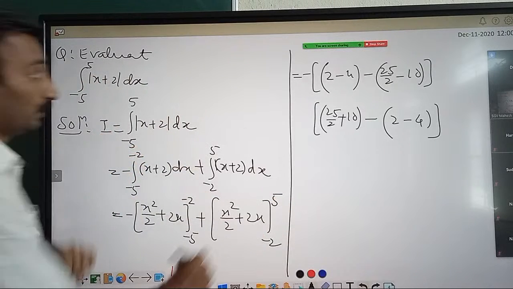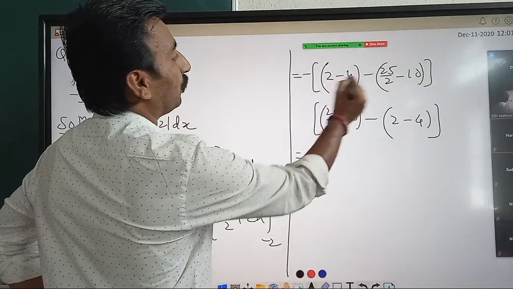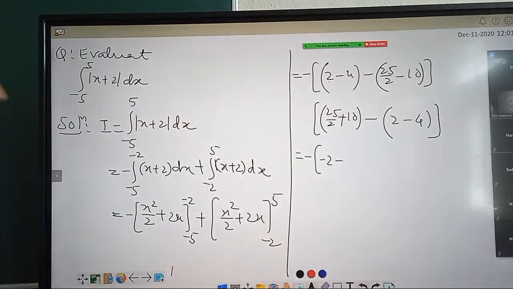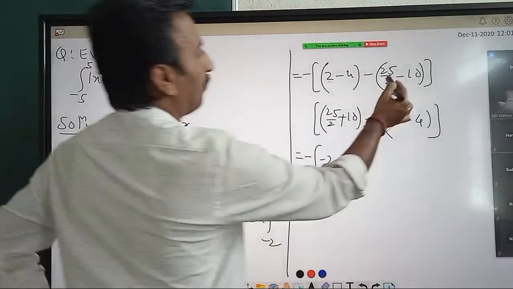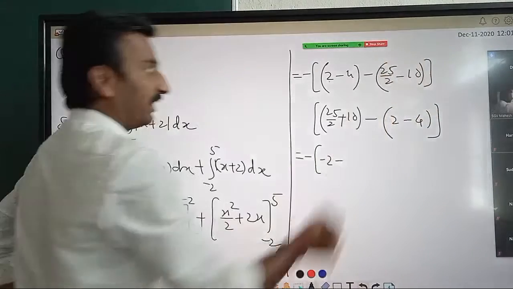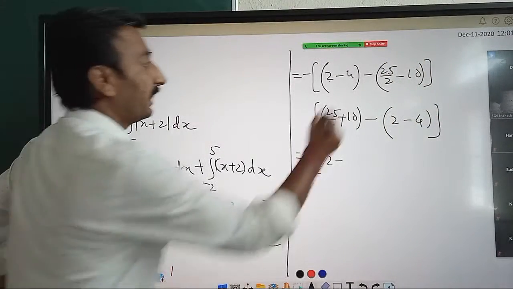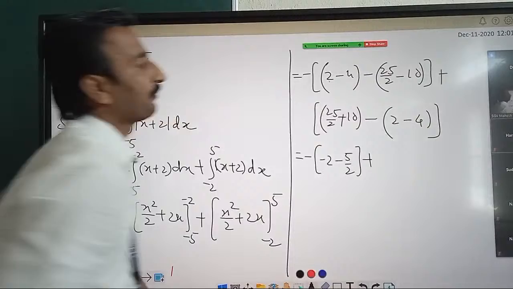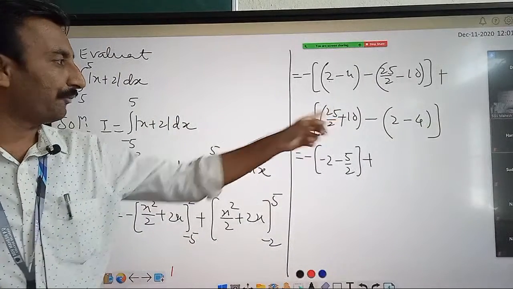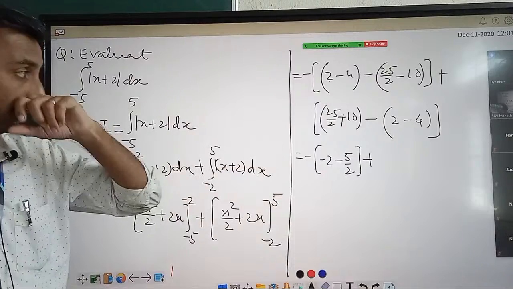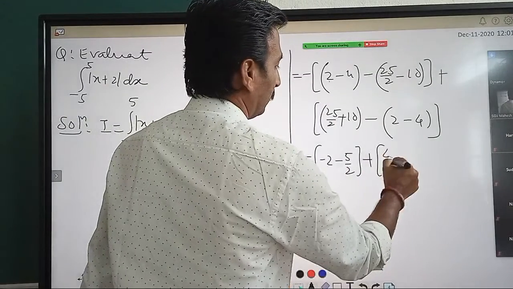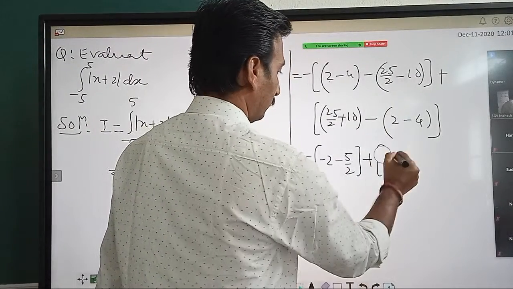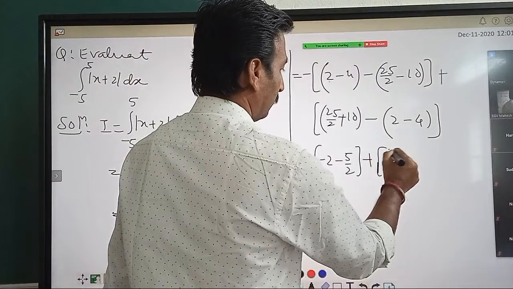Now look at this. In the bracket, 2 minus 4 is minus 2. What about this? Minus 20 plus 25 is plus 5, so 5 by 2, and here it is minus, so it is minus 5 by 2. Then look here again: 25 by 2 plus 20 gives 45 by 2.